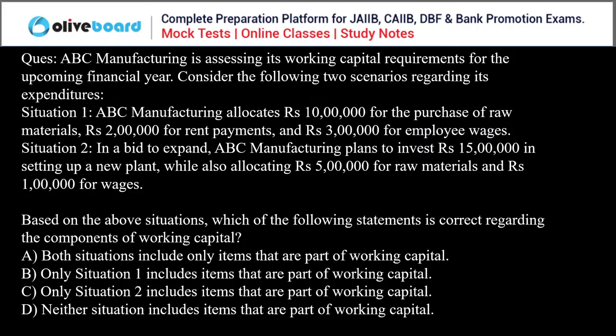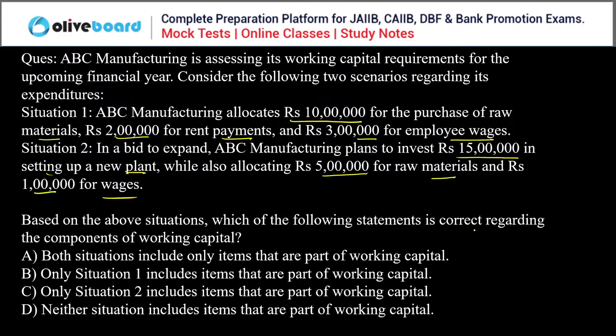Consider the two scenarios. In the first, ABC Manufacturing allocates 10 lakh for the purchase of raw material, 2 lakh for rent, and 3 lakh for employee wages. Second, in a bid to expand, ABC plans to invest 15 lakh in setting up a new plant while also allocating 5 lakh for raw material and 1 lakh for wages.